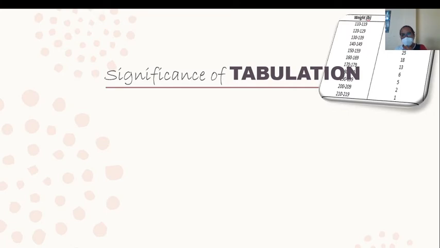Here is another example of tabulation. The weight, for the first column we have 110 to 119 pounds. The unit is pound. 120 to 129, etc. On the other column, we have the number of students. Meaning to say, from 110 to 119 pounds, isa lang daw yung nag-weight.